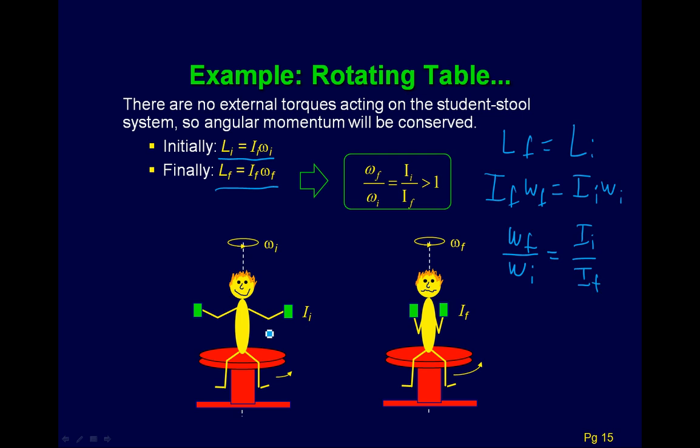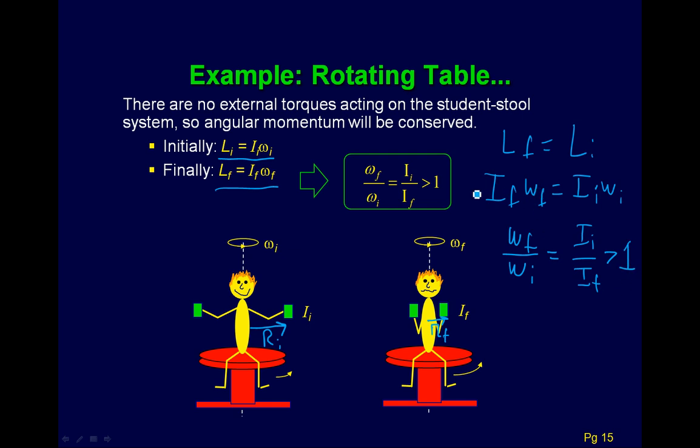And if we look in the picture here, the mass is at a larger distance. So this is, say, R initial for that mass. Over here it'll be really tiny. And so when you bring your arms in, your moment of inertia decreases. So the final inertia is smaller than the first inertia. So this ratio is going to be bigger than 1. We're not sure exactly what it is, but it's going to be bigger than 1.